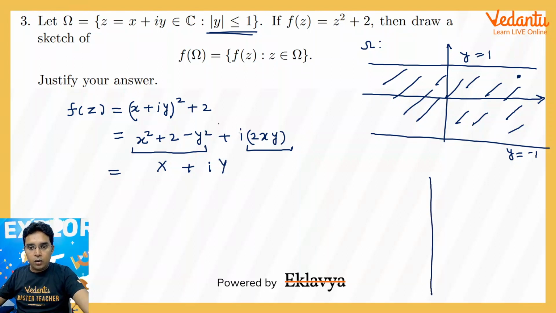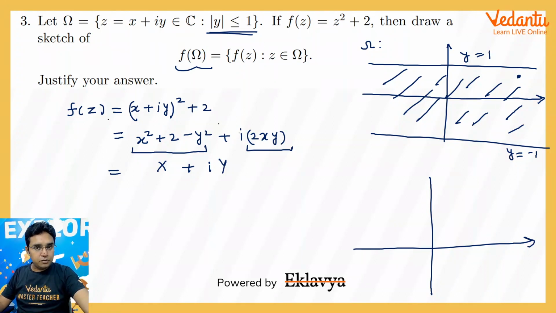And now I will draw the graph of this f(Omega) that we are saying, because f(Omega) is the set of all such f(z) where z belongs to Omega. So this will be my capital X and that will be my capital Y. Now to do this, please see here small x belongs to all real numbers because there is no restriction on x, but my y is between 1 and -1.